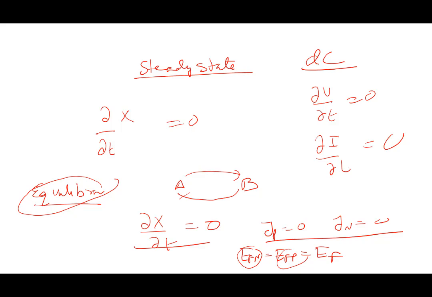So when I say JP is 0, if diffusion is causing holes to go in this direction, drift will come in and cause holes to go in the other direction. Drift and diffusion will balance each other. That's where you get JP equal to 0. Similarly, Jn equal to 0. If there is a generation, then there is a recombination, the balancing. So what people call this is detailed balance.